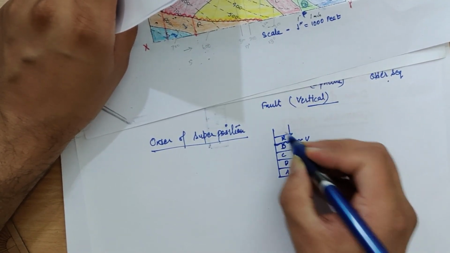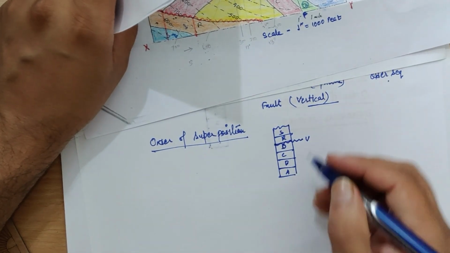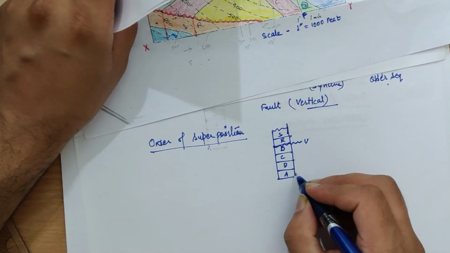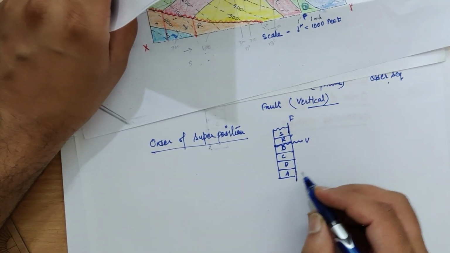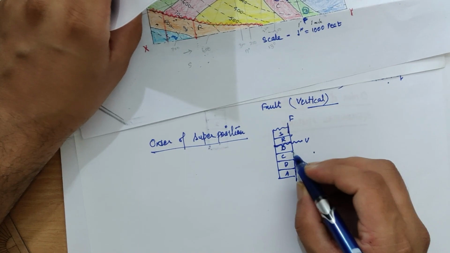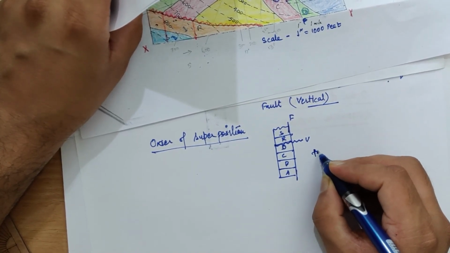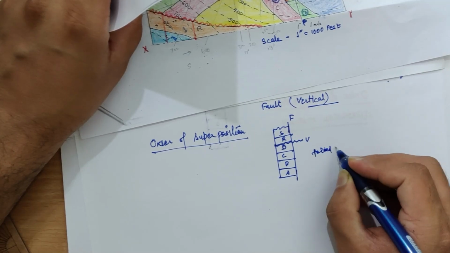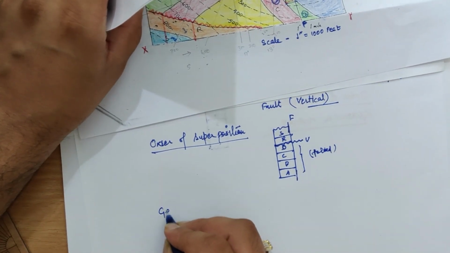Then bed R and bed S over here. The fault is present, which is affecting all the sequence, so we are going to write F over here. The fold is also present, so we only mention that these beds are folded. Right. Then geological history.